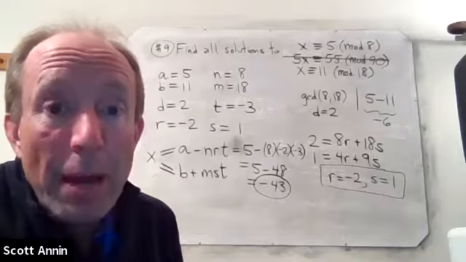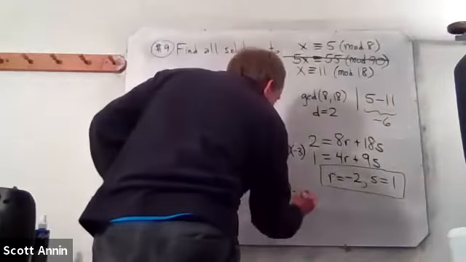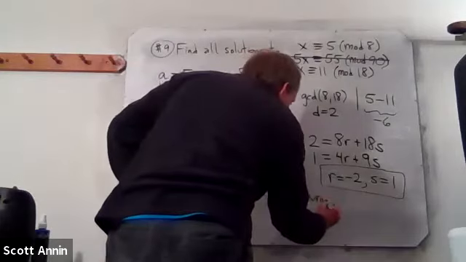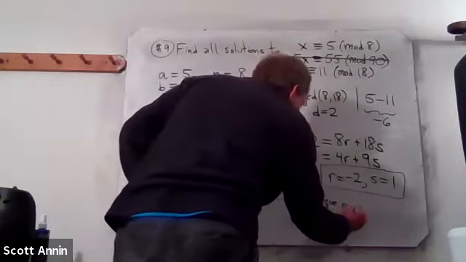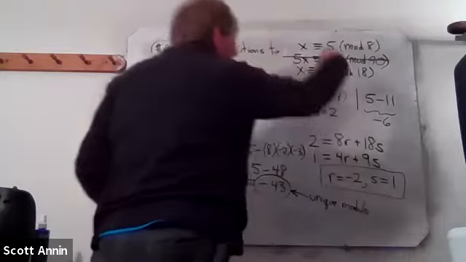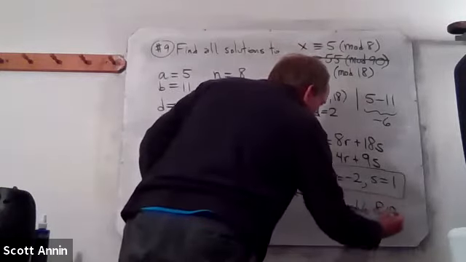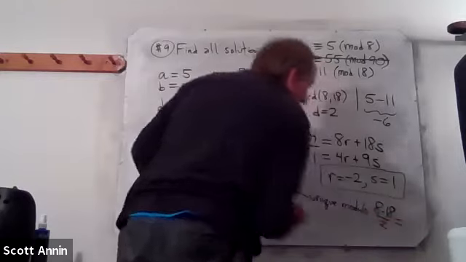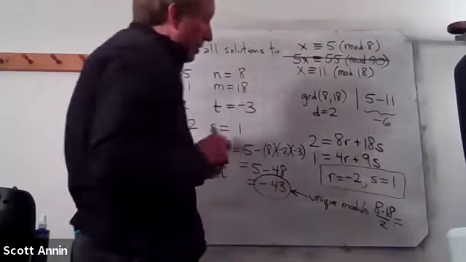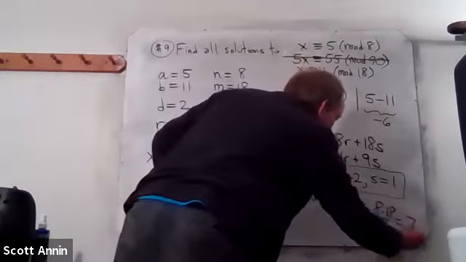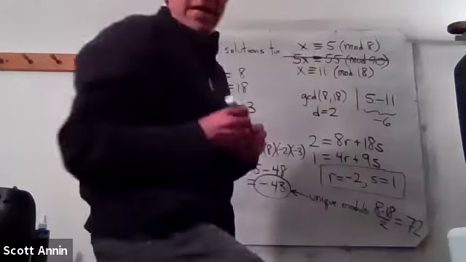Now, remember, this is a unique solution modulo the LCM of 8 with 18. Remember that the LCM of two numbers is simply the product of those two numbers divided by the greatest common divisor.